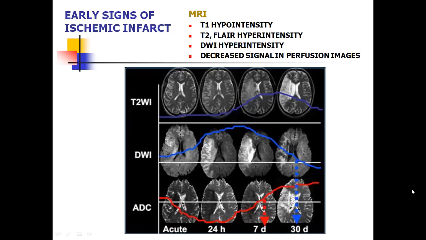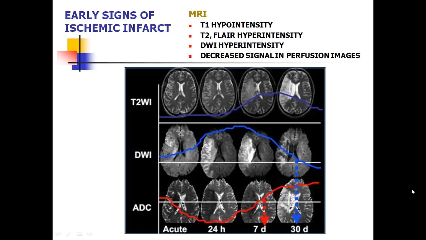Diffusion weighted images in brain infarction will be positive for approximately 3 weeks after onset. In spinal cord infarction it is only positive for 1 week.